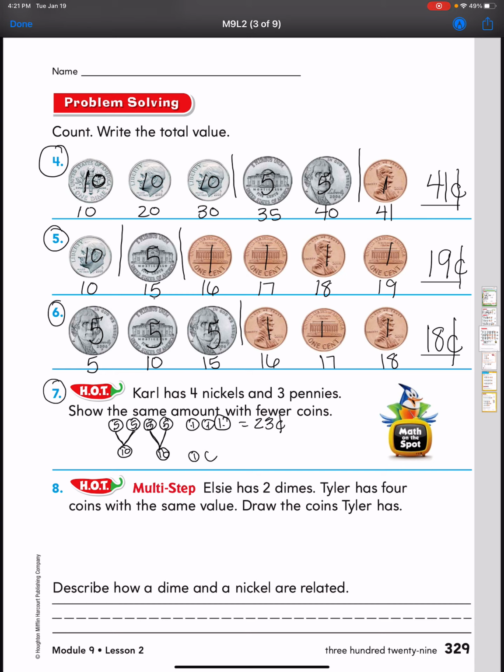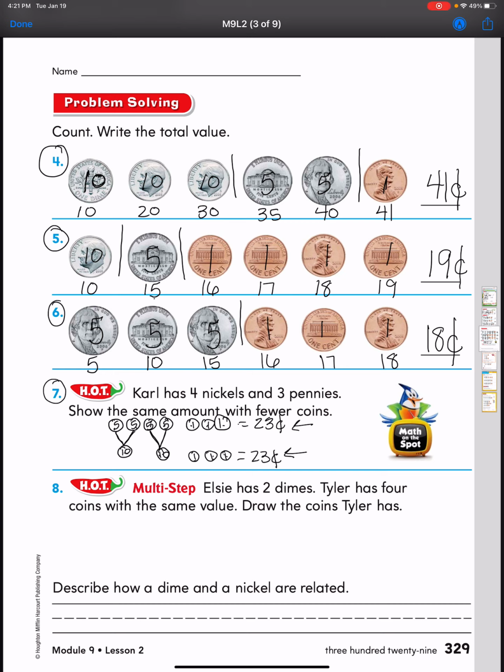So I would just draw my 3 pennies. So I have 10, 20, 21, 22, 23. I still have 23 cents, but look, I used fewer coins. In this 4 nickels and 3 pennies, I used 4, 5, 6, 7 coins. But when I did it this way, I used 1, 2, 3, 4, 5 coins. So I used fewer coins to show the same amount.